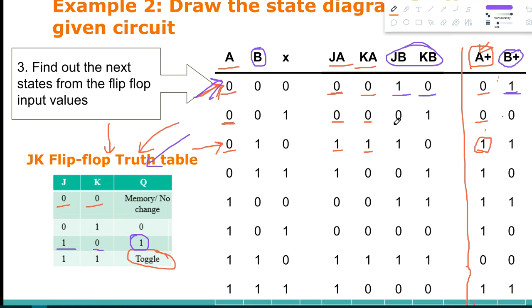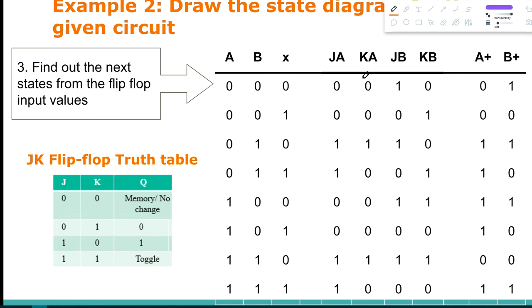In the next row, we see 0 1. We go back to the truth table and see that 0 1 produces 0 at the output. Again we are getting a value directly, so we'll just put that value as the next state. We'll do the same for all the rows and complete this whole table.